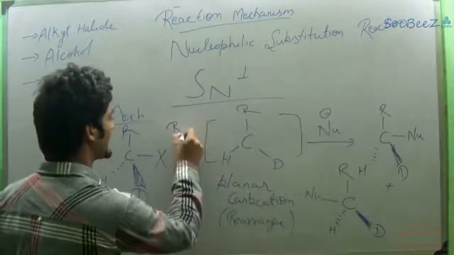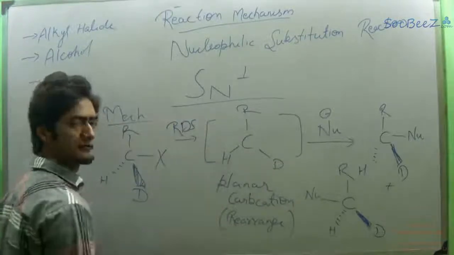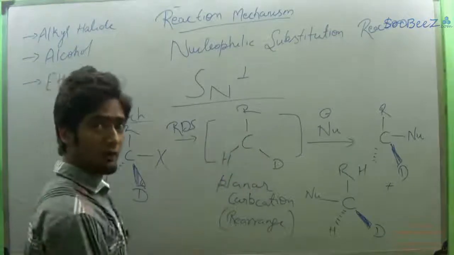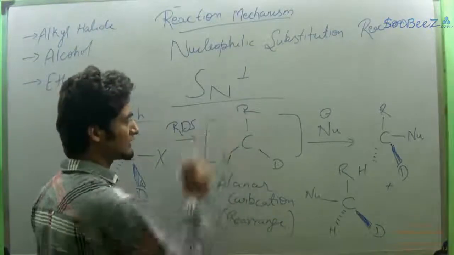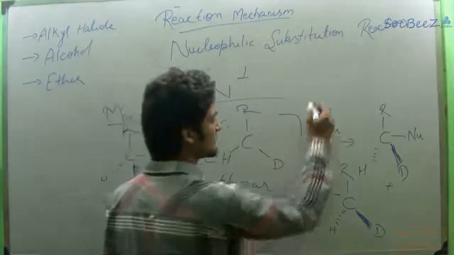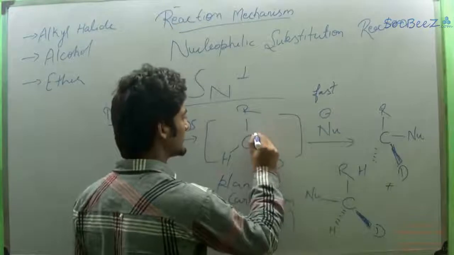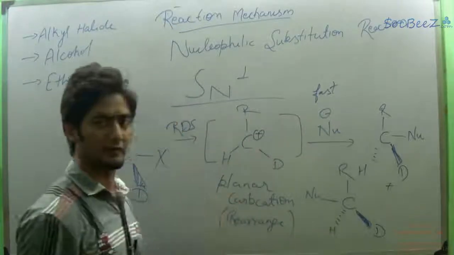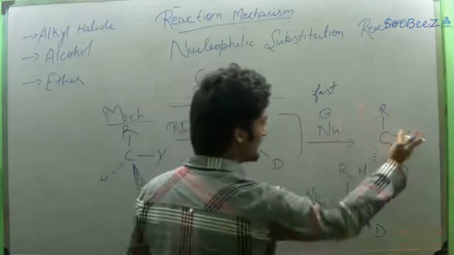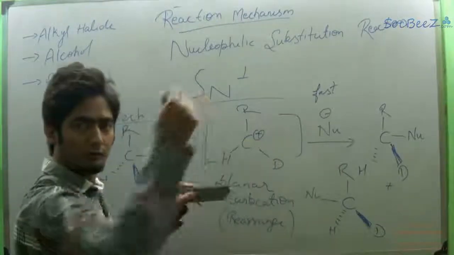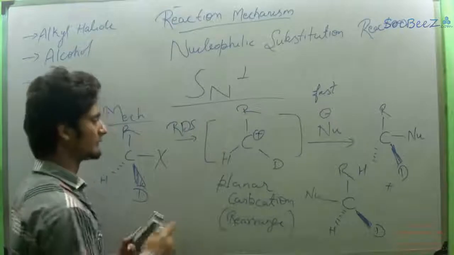The first step is the rate determining step, RDS, which involves only a single molecule. Hence it is called unimolecular reaction. And the second step is a fast process in which the nucleophile attacks on the planar carbocation species and forms two products depending upon the attack, whether it's from upside or downside.